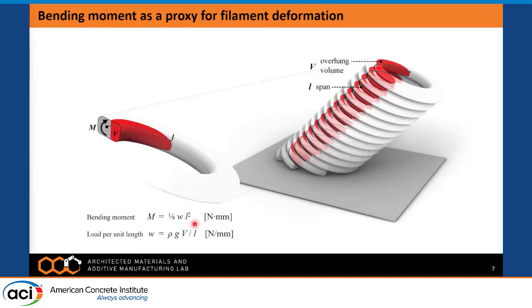While the bending moment doesn't quantify the actual deformation, the advantage of using it is that we can easily obtain the parameters that it uses, namely the overhang volume V and the span length L, from 3D modeling software. And this alleviates the need to perform material-specific studies and allows for rapid early assessment of channel stability just during the early stages of design.